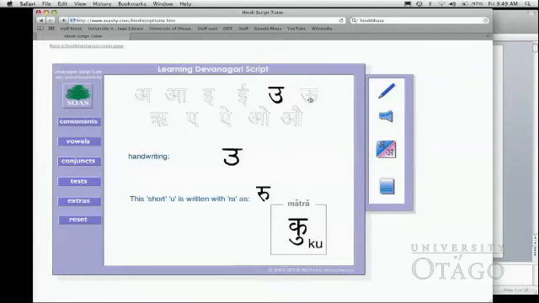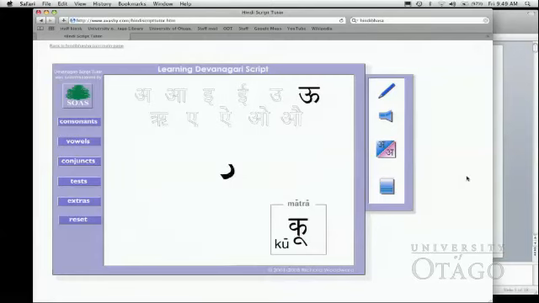And the last one for today is this one. See how to write it again. And please pronounce together.